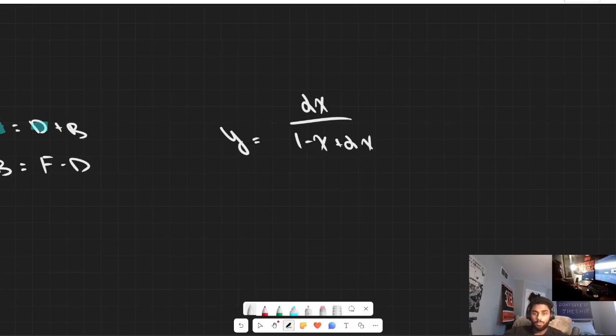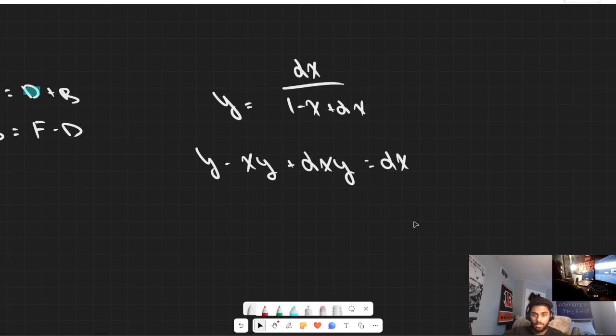So first, let me multiply this denominator out. So y minus xy plus alpha xy equals alpha x. Then I'm going to gather all my x terms on one side. Let me gather all my x terms on one side.